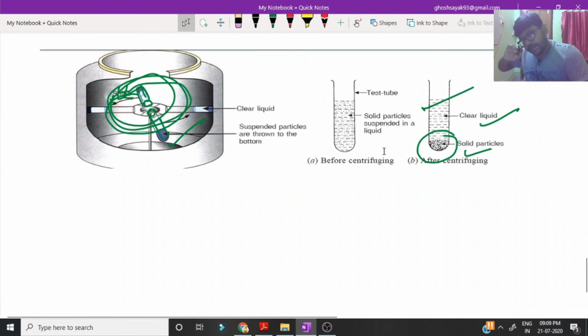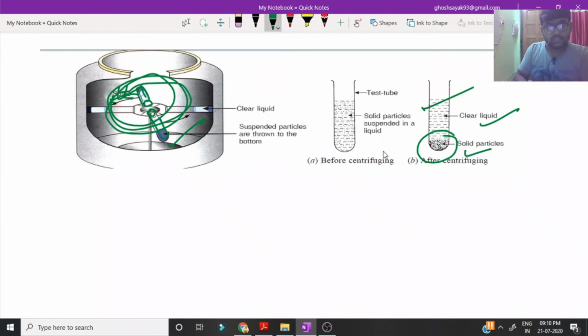So now where do we apply this method of centrifugation? We have to understand some examples, right? See, blood is a mixture of blood cell and plasma.